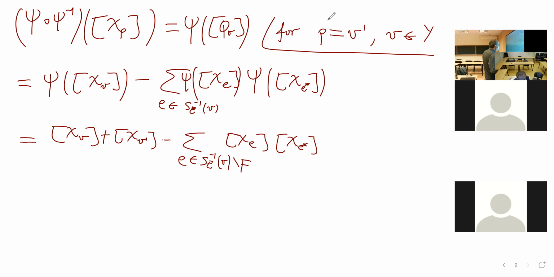And now I should be a little bit more careful, because now I should view my edges as edges in EX. So maybe let me rewrite this set in the following way. I take the preimage under SEX, but I don't allow F prime.